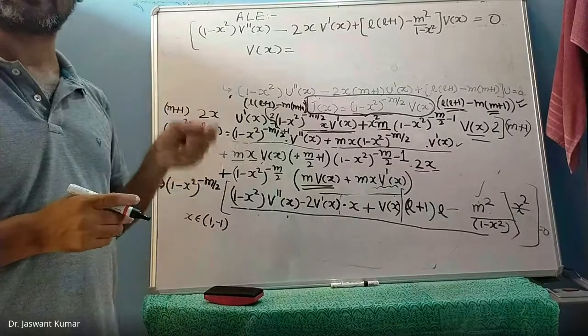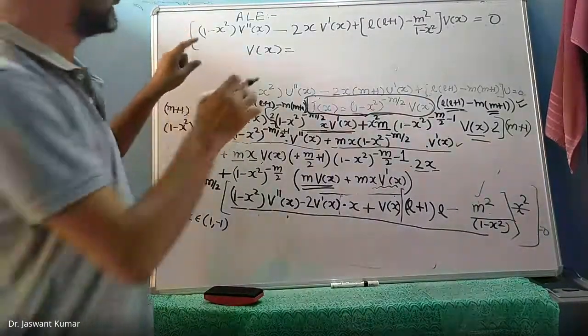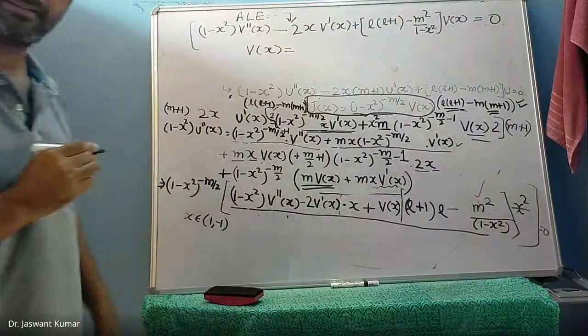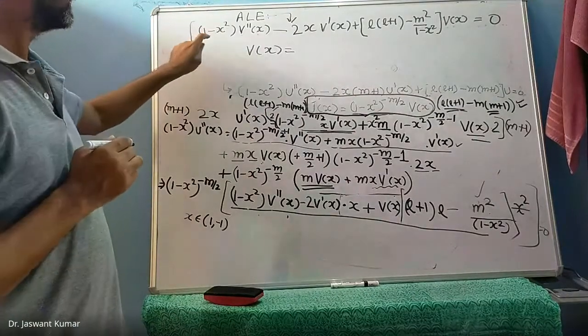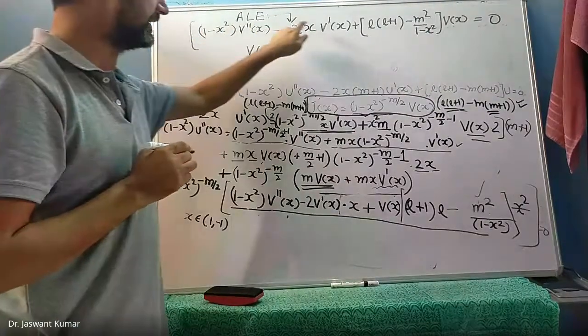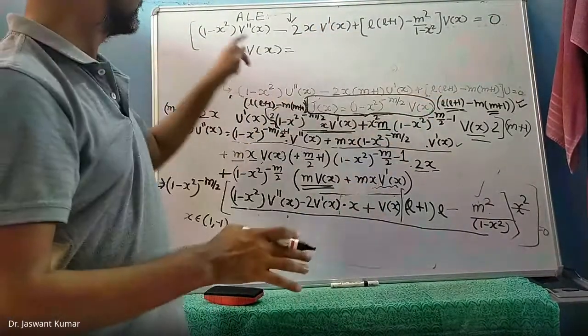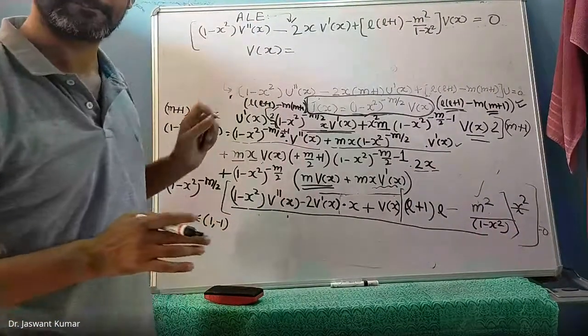But now, this equation you will see is nothing but the associated Legendre equation. So this tells you that the solution of the associated Legendre equation is this v of x.